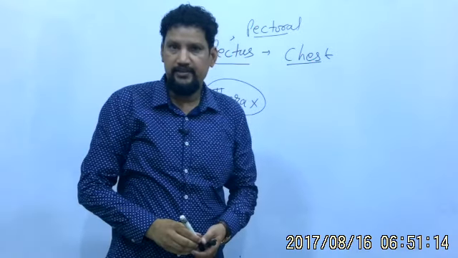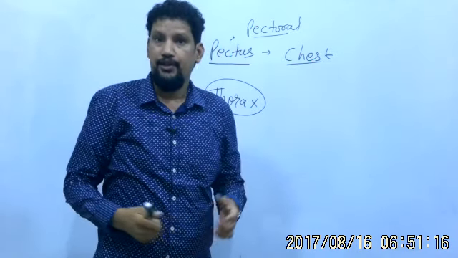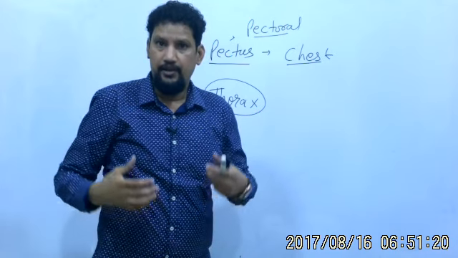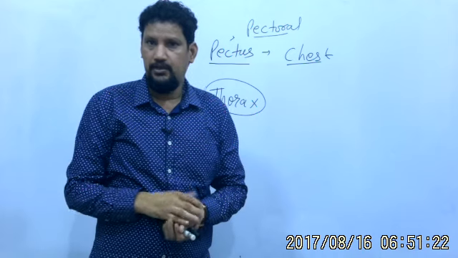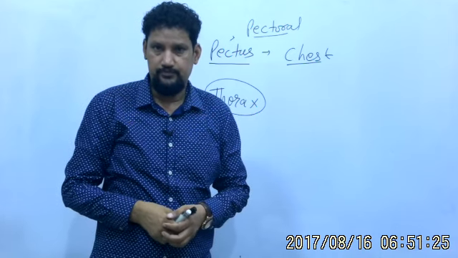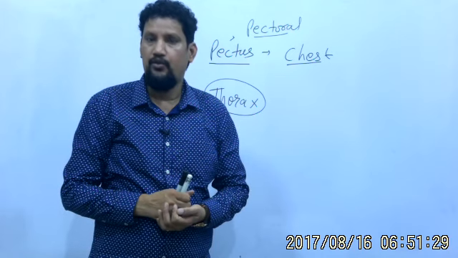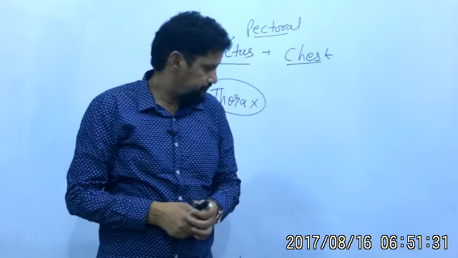The word thorax is used for the underlying structures which are residing in the upper part of the trunk, like the heart, the lungs, the esophagus, trachea, vagus nerves and phrenic nerves, thymus.